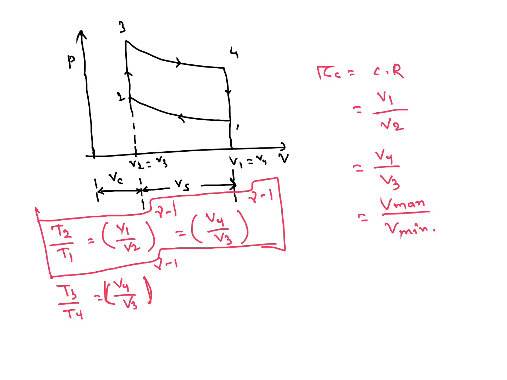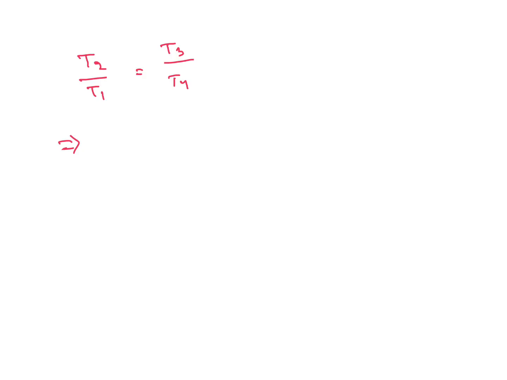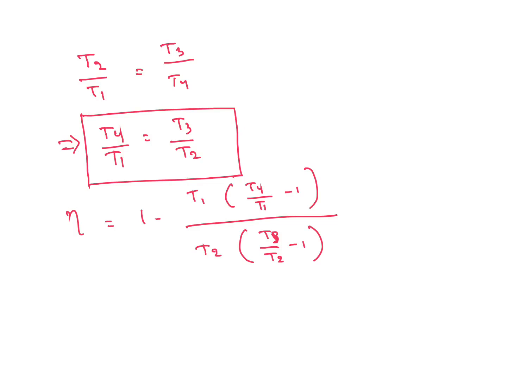So from these two equations, T2 by T1 equal to T3 by T4, or we can write it as T4 by T1 equal to T3 by T2. So from here we can cancel these two, T4 by T1 minus 1 and T3 by T2 minus 1.